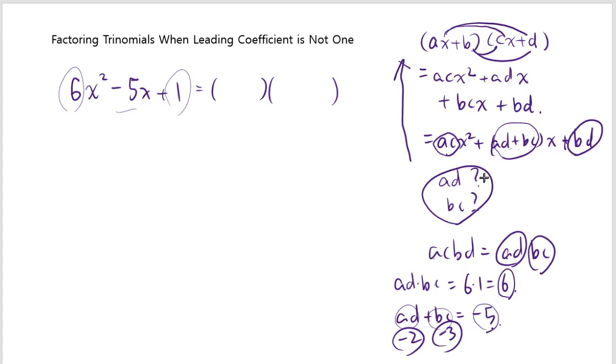So once you've figured out ad and bc, what you do is you want to split the middle term into two things. So you want to rewrite this as 6x squared minus 2x minus 3x plus 1. So negative 5 is negative 2 plus negative 3. It's split like this.